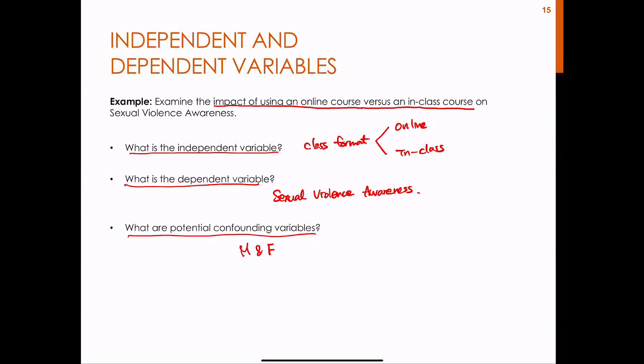However, if we have both kinds of students in the online course and the in-class course, it is really hard to know the effect from only the different class format, right? Likewise, the distribution of age can also be a potential confounding variable in this example.